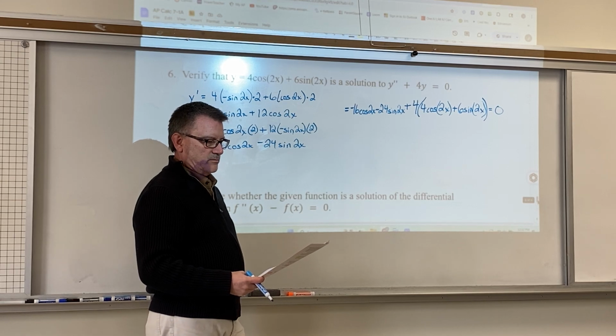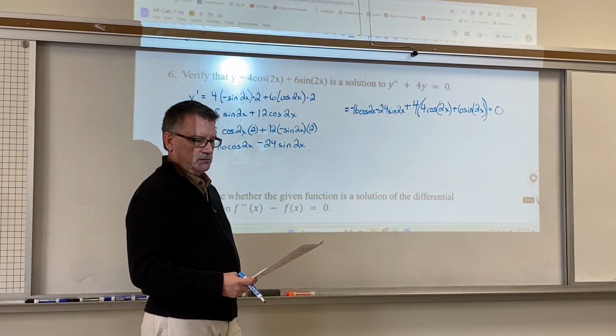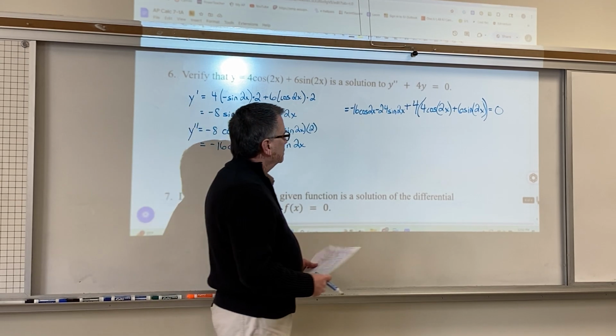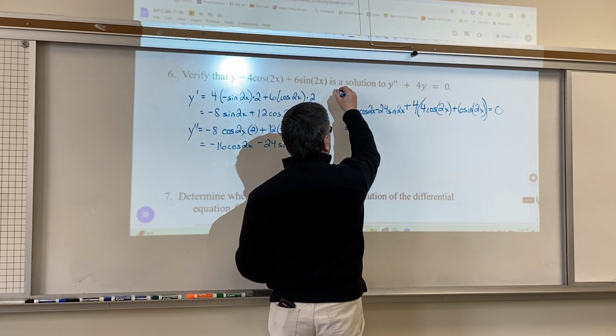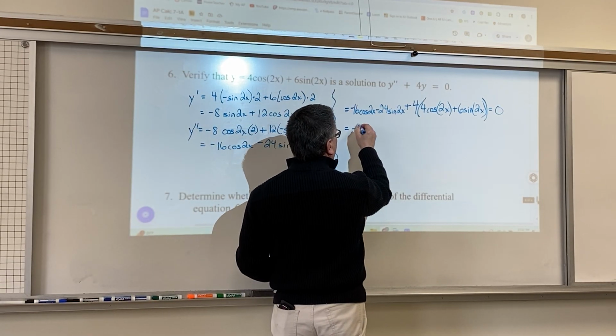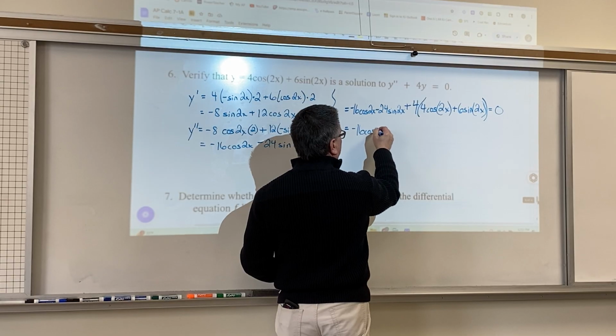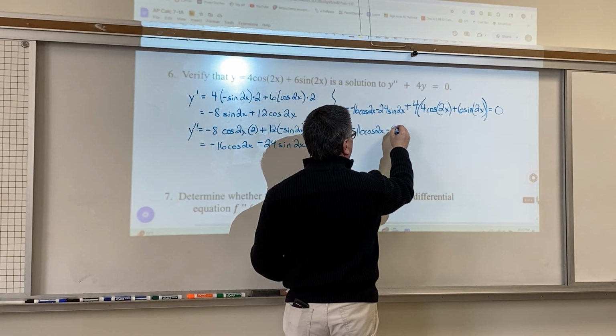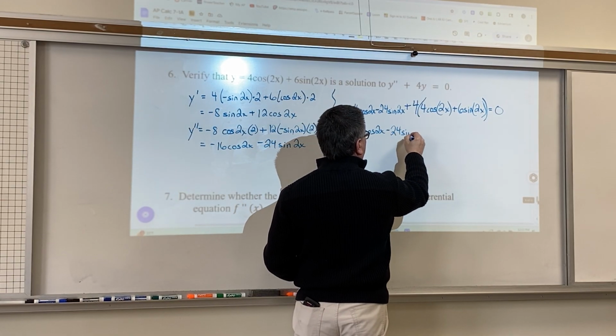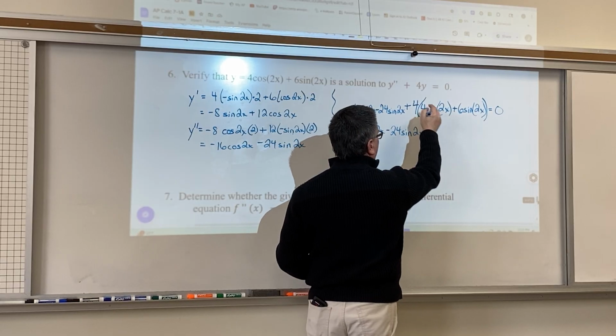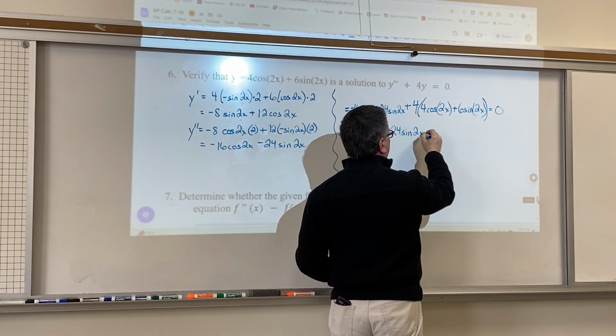And I can clean that up a little bit, right? Let's see, I've got negative 16 cosine 2x minus 24 sine 2x. I got this 4 out here times both things.